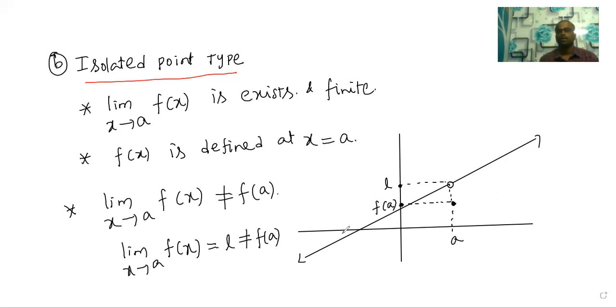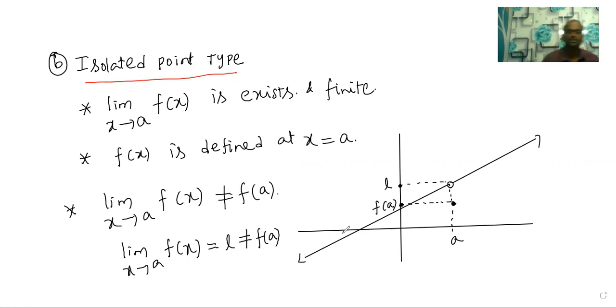So whether it is missing point type or isolated point type discontinuity, the graph must have a hole at x equal to a, because these two types come under removable type. In both cases the limit of the function exists. Further, f of a is not defined in missing point type discontinuity, but here f of a is defined, though it is different from the limit of the function.